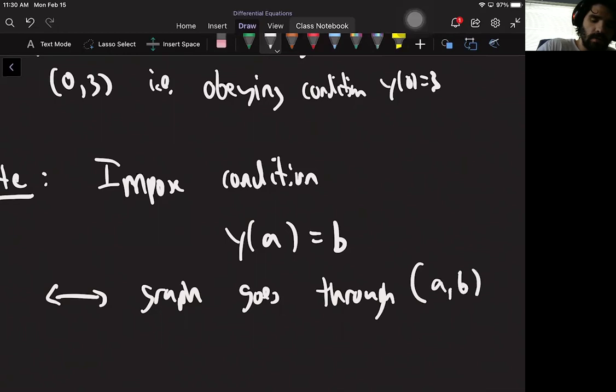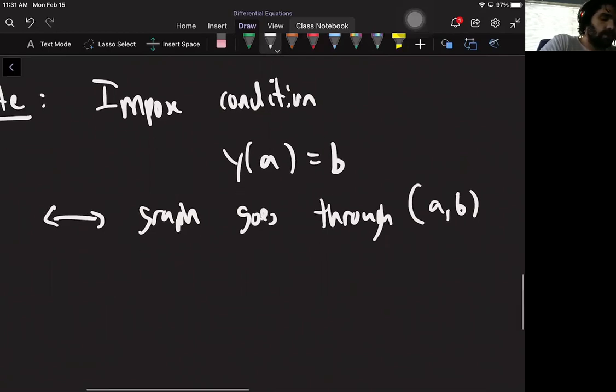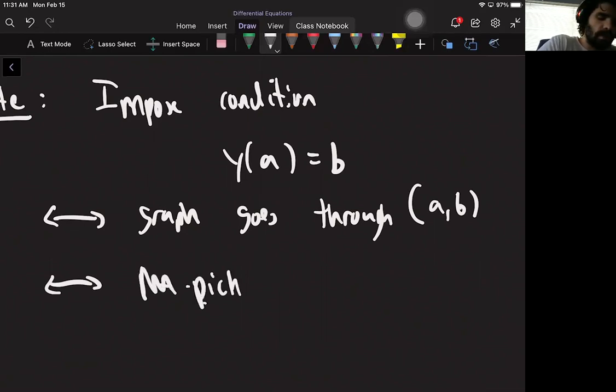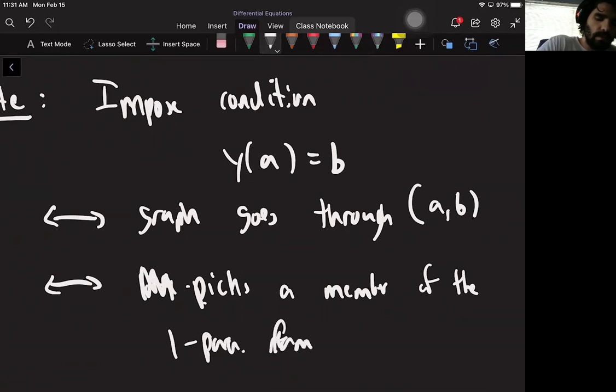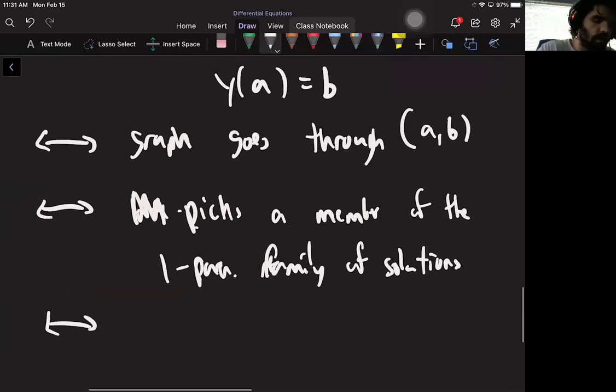This is just pre-calc or algebra knowledge: plugging in that x and that y is the same as going through that xy coordinate. But now, the way we want to think about it is that it picks a member of the one parameter family of solutions. What that really means is it really just picks a specific constant.